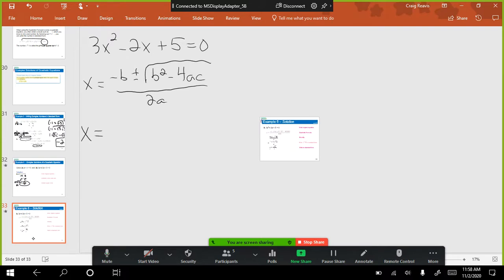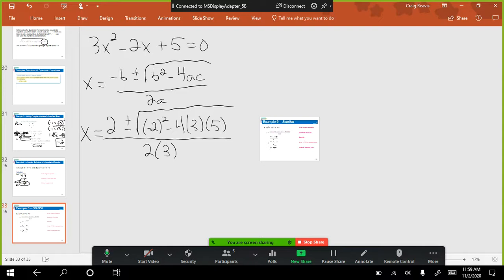So what we get, b is negative 2, so that means that's 2 plus or minus the square root of negative 2 squared minus 4 times 3 times 5, and then 2 times 3.